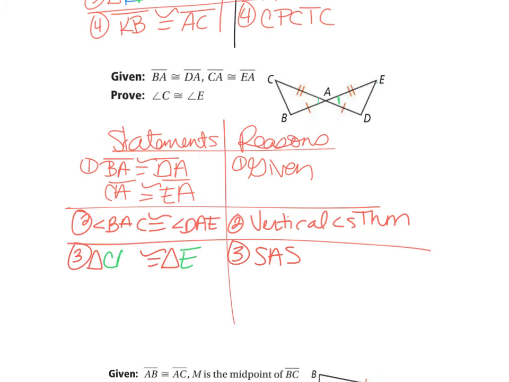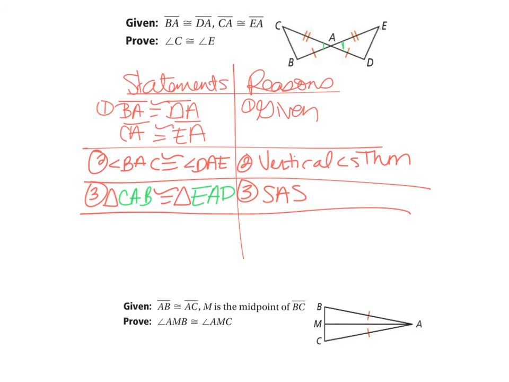So the second angle would be A. And then we would have B and D. Okay, so we got those. We said the triangles are congruent. They're wanting us to prove that angle C is congruent to angle E. Yes, they are. So angle C is congruent to angle E. Why? Congruent parts of congruent triangles are congruent.